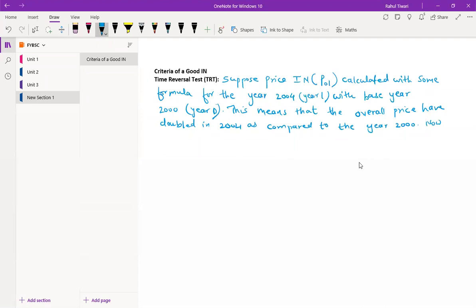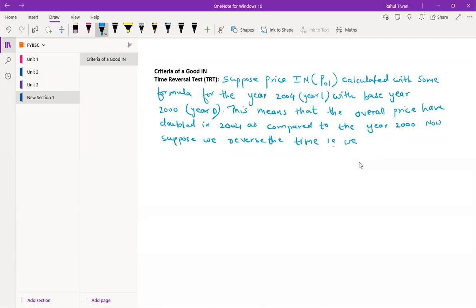Now suppose we reverse the time, since we are using the reversal test. What happens if you reverse the time? According to what would be your formula?